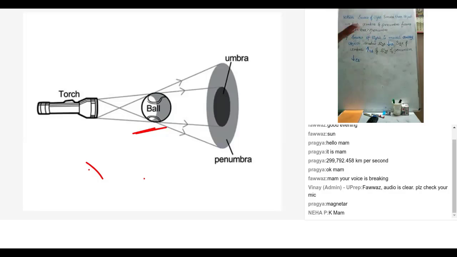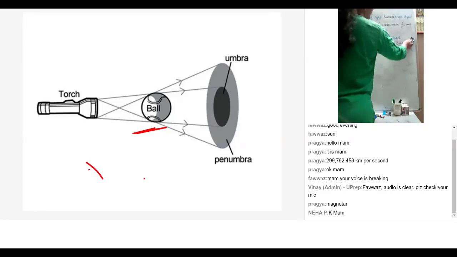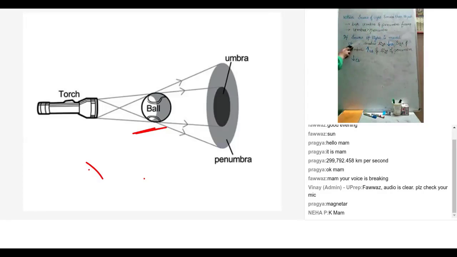We have changed this condition. And both umbra and penumbra form in the shadow. And here, compared to the earlier case, a reverse happens where the size of the umbra becomes more than the size of the penumbra. Ma'am, actually, this umbra and penumbra are opposite to each other, I think so, in many statements.